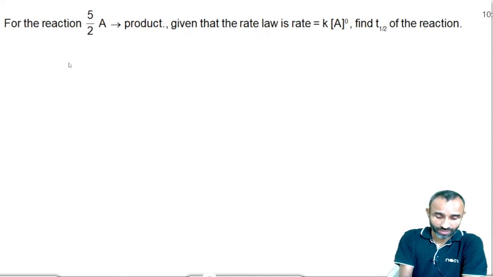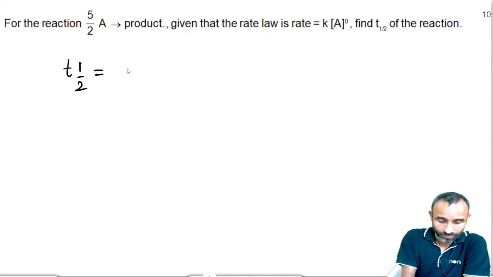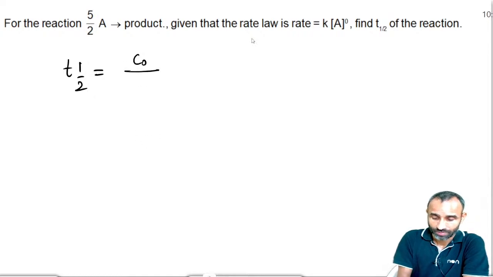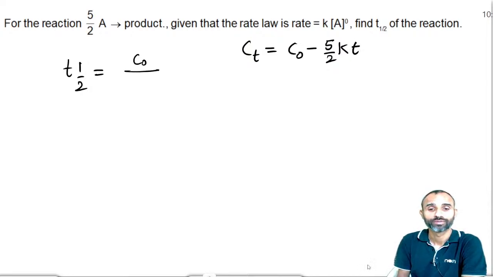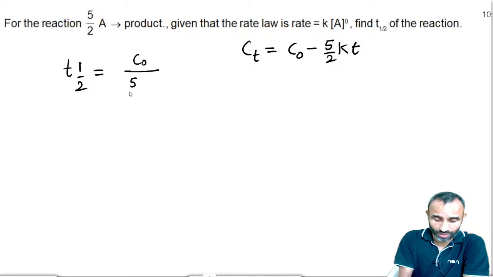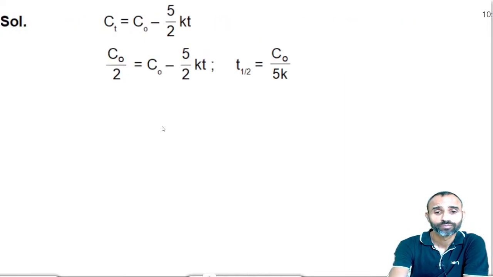What about this? What is the half-life of this reaction? Ct for this reaction is C naught minus 5 by 2 Kt. So it is 5 by 2 K into 2, C naught by 2 into this. So it is C naught by 5K. Got it?